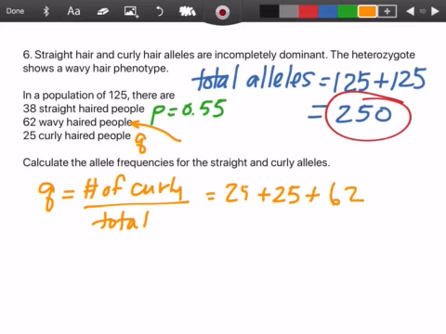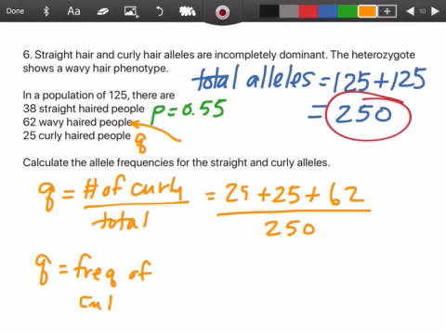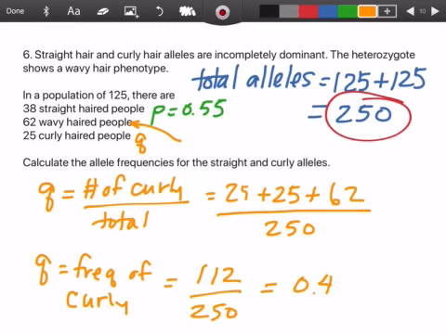So we have to add in those 62 alleles. Divide that by 250 total. Q is the frequency of curly alleles, which is equal to 112 over 250, or 0.45.